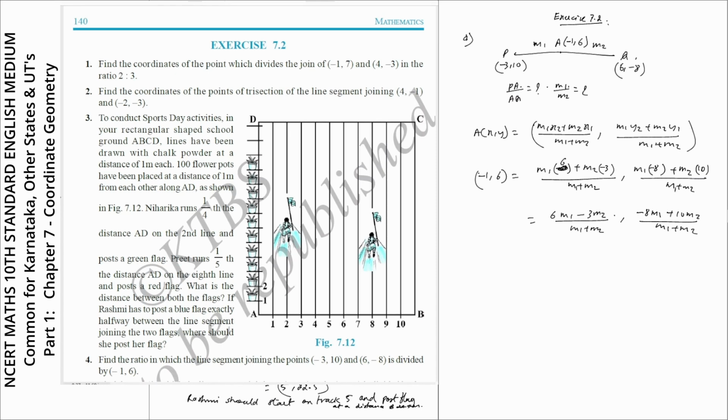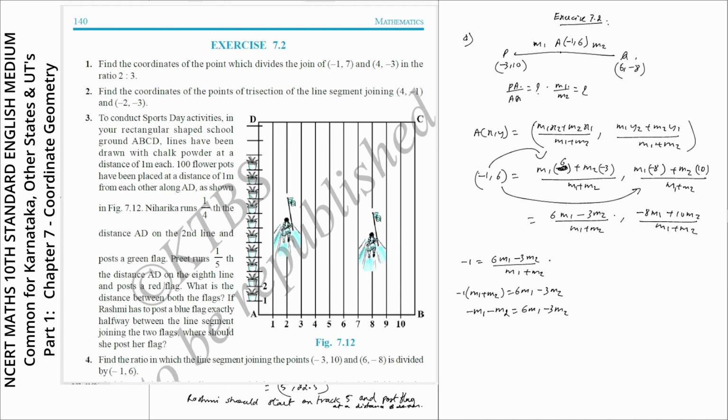So now -1 is equal to this and 6 is equal to this. I'll equate that one. So -1 is equal to 6M1 minus 3M2 by M1 plus M2. I'll cross multiply. So -1 into M1 plus M2 is equal to 6M1 minus 3M2. If I open the bracket, -1 into M1 is -M1, then -1 into plus M2 is -M2, equal to 6M1 minus 3M2.